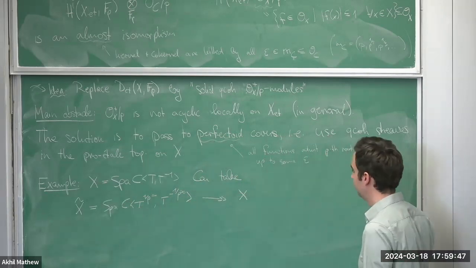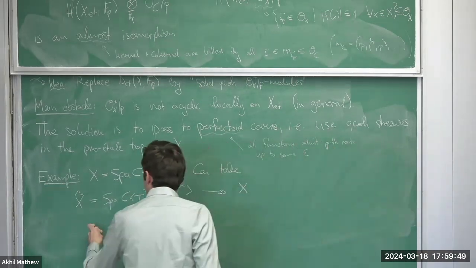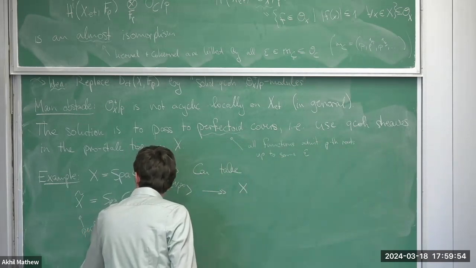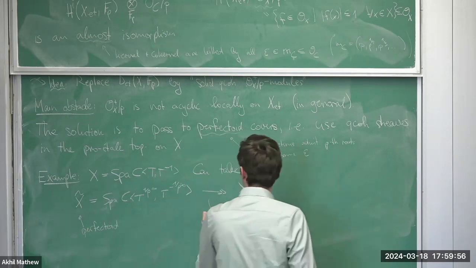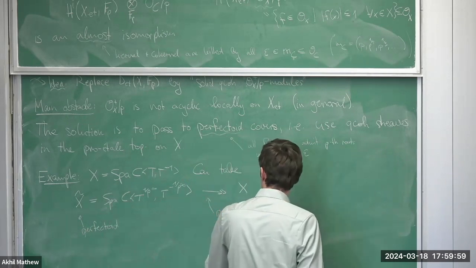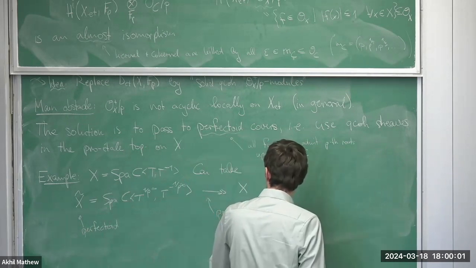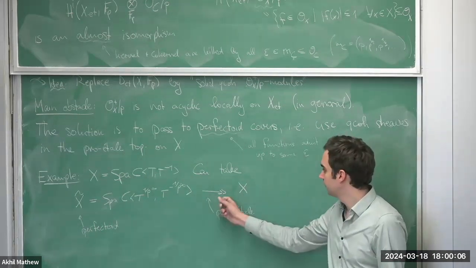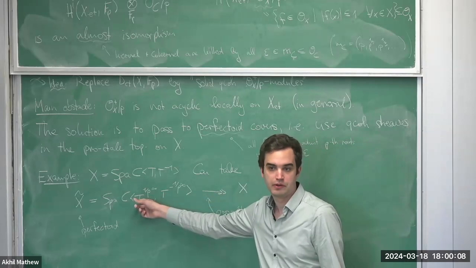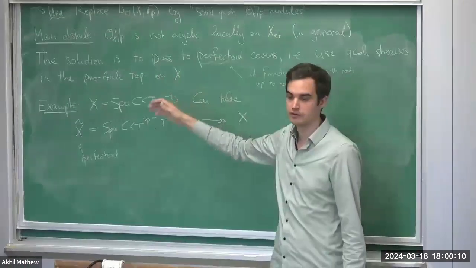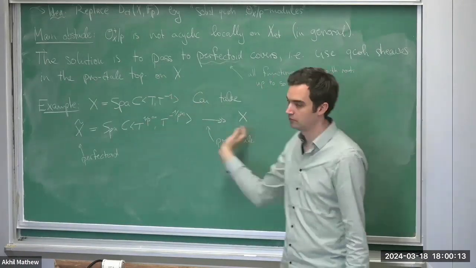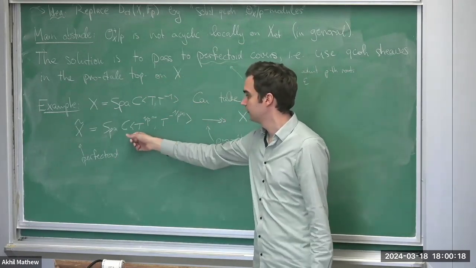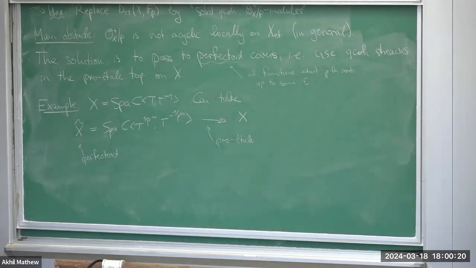So this guy is not perfectoid, and this map is pro-étale. You can see that because I can just adjoin the p^n-th roots first and then increase n. If I adjoin the p^n-th roots first, it's a finite étale cover, so just take the limit of that. And this thing is perfectoid because I have adjoined all the p-power roots of the coordinates.